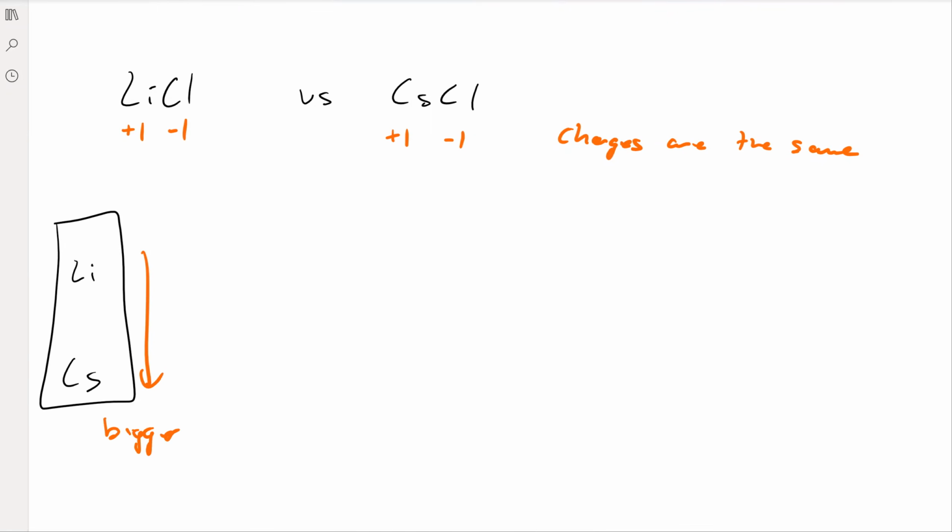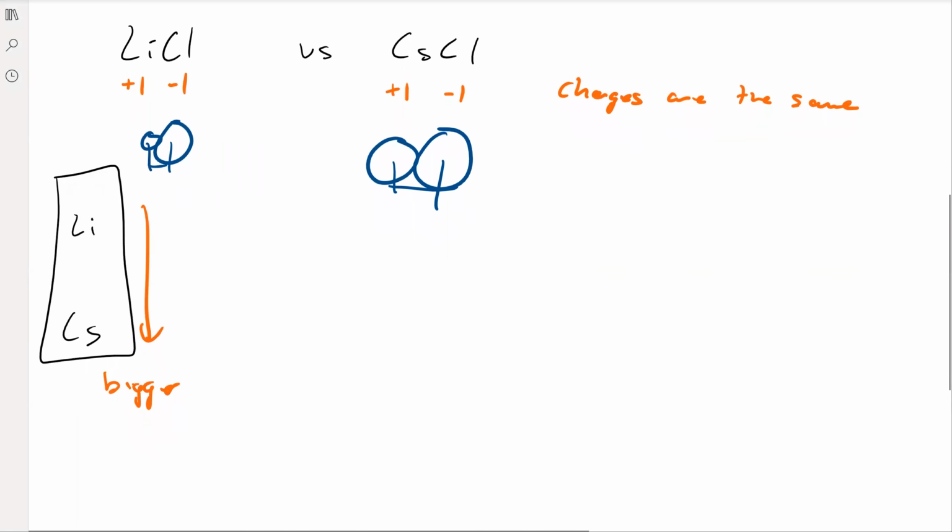And so if we draw what an image would look like, this lithium chloride would be something like this, whereas this cesium chloride would be something like this. And we can see that this distance is smaller than this distance over here. So the cesium plus is bigger than our lithium plus, right?